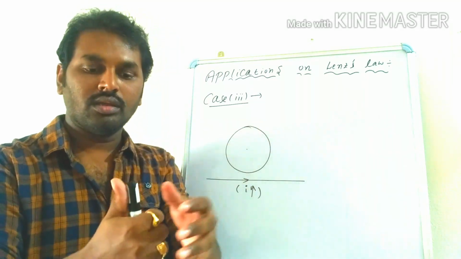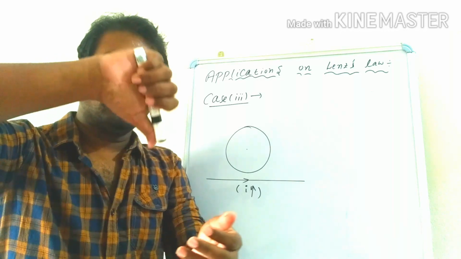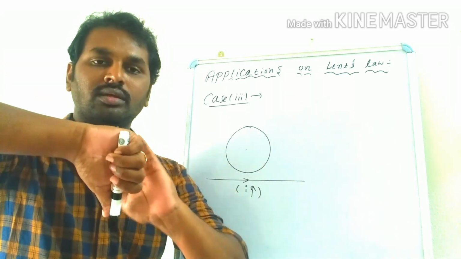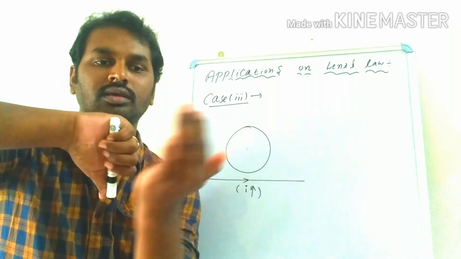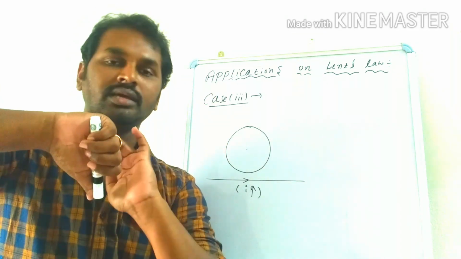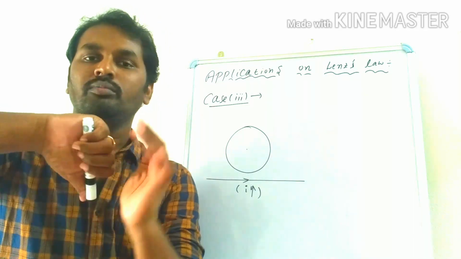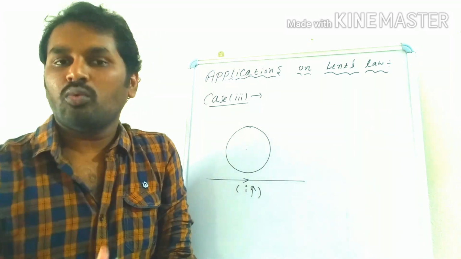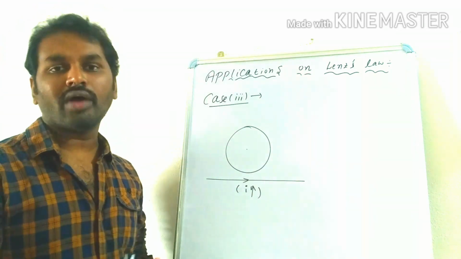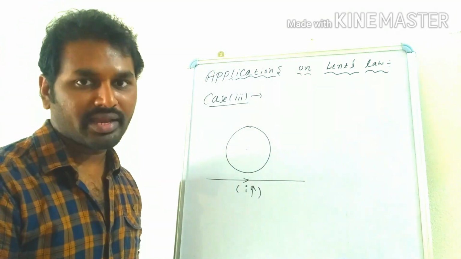For the same current moving in the downward direction, the curl of the fingers is in clockwise direction, which means the direction of magnetic field is clockwise. The same you can apply here to find the direction of magnetic field.